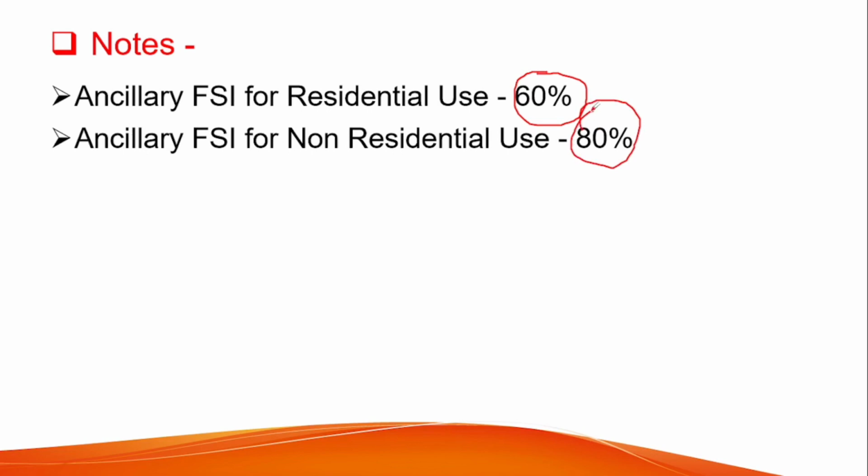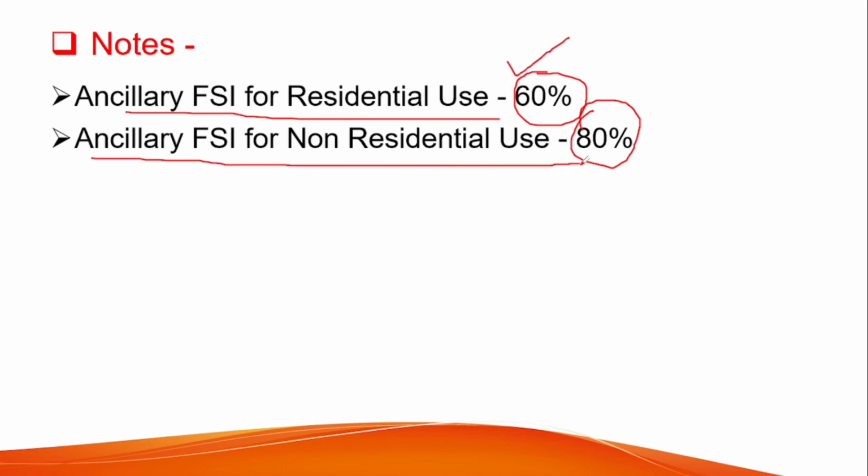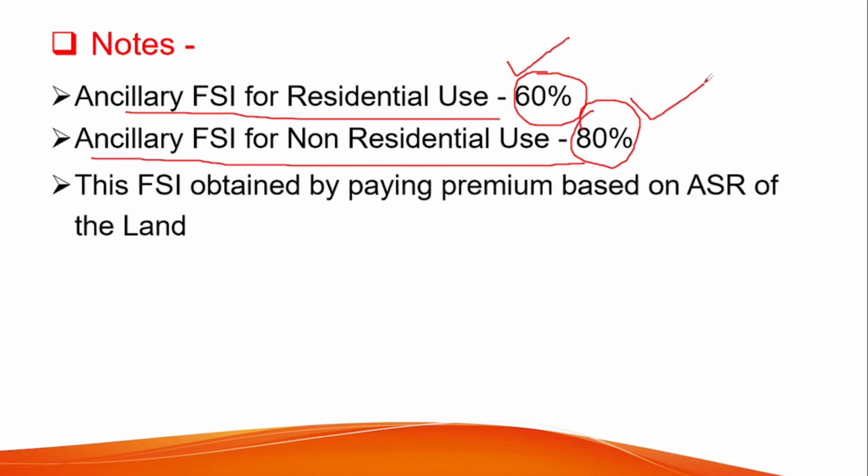Okay, so we are also going to see how we can calculate this FSI over and above other FSIs. Just keep in mind that ancillary FSI for residential use is 60%, and for non-residential use is 80%.